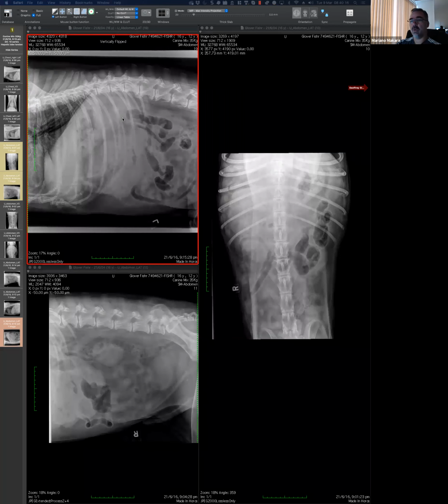I need to make clear, if I were in the clinic, I would probably be making very clear that all of these considerations are probably just academic. Makes sense? Because I think we have already enough to send this dog to surgery. Makes sense? Because there is a mass with gas inside in the abdomen, and there is a bit of free fluid.